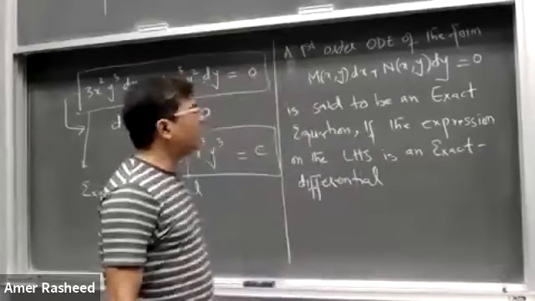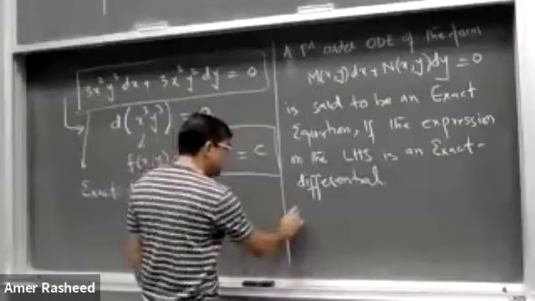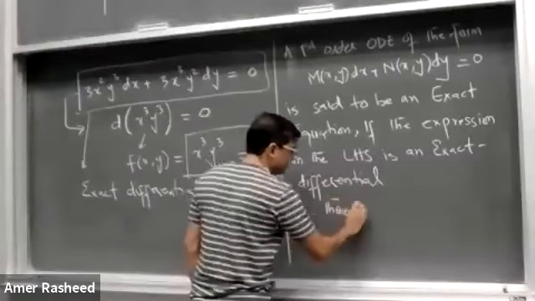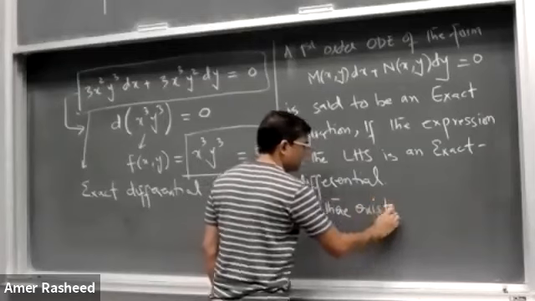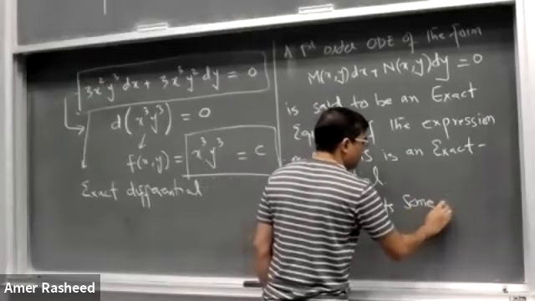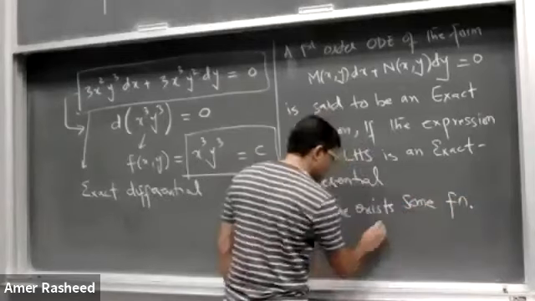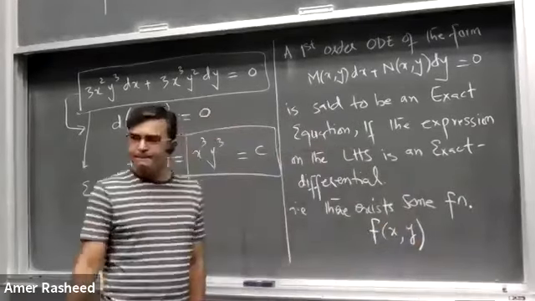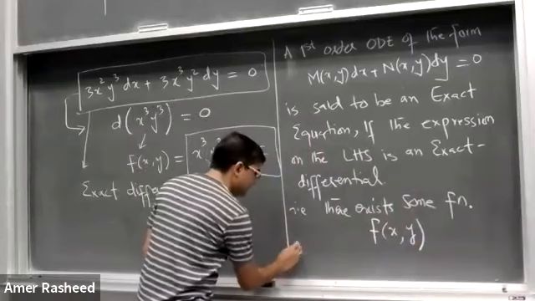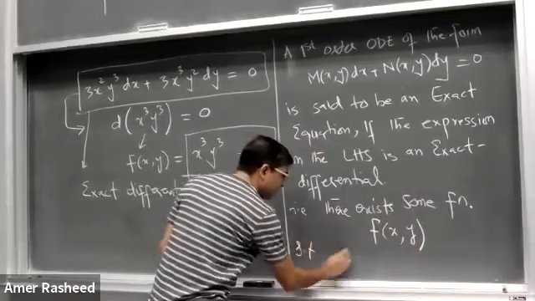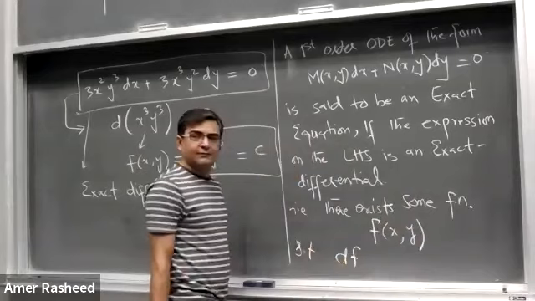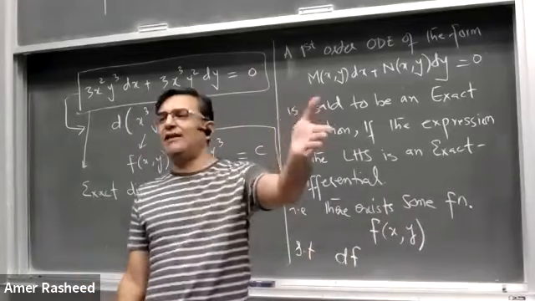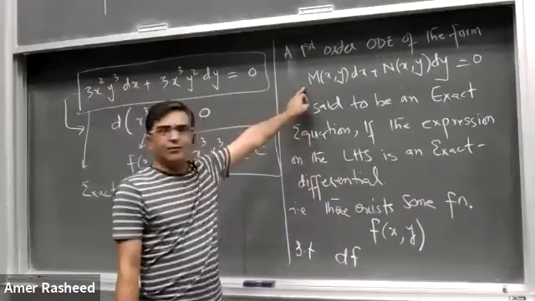What does it mean? That is, there exists some function f of x, y such that d of f is the left hand side of this equation.